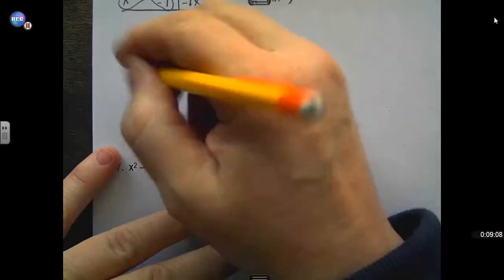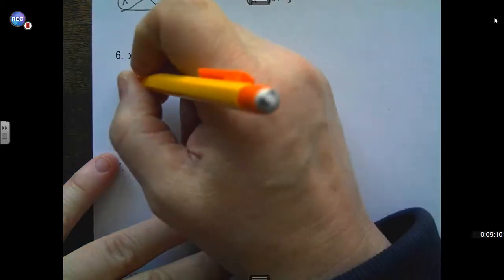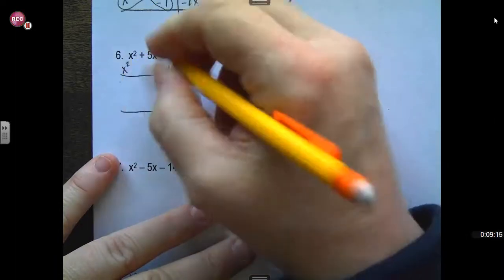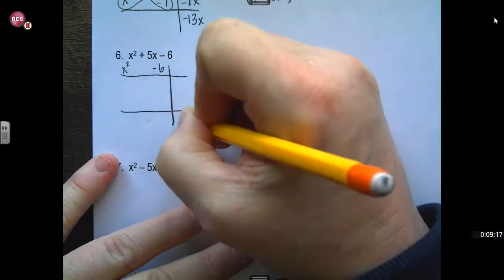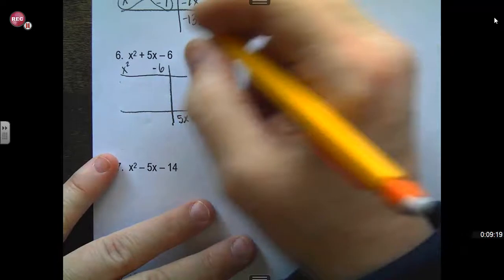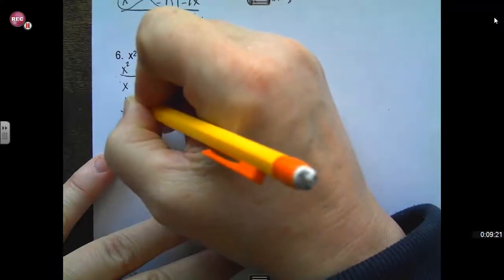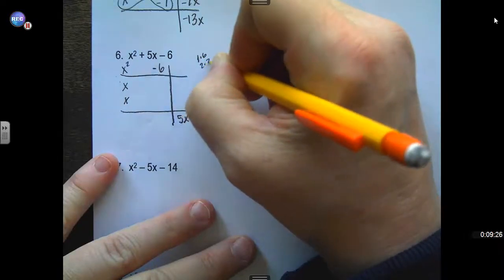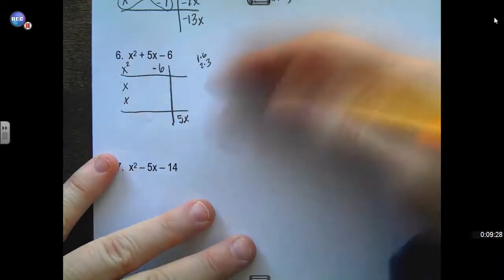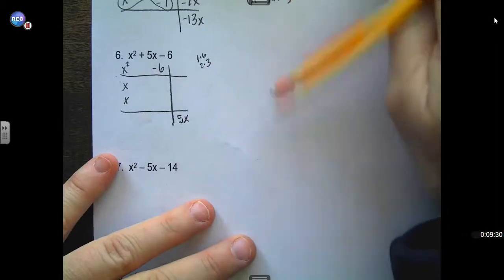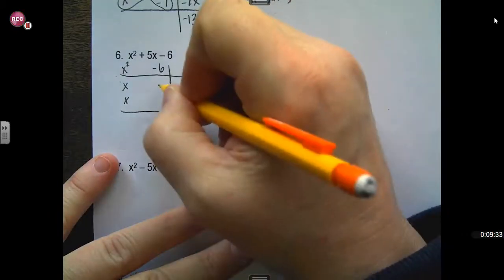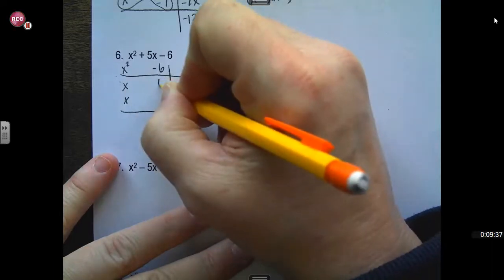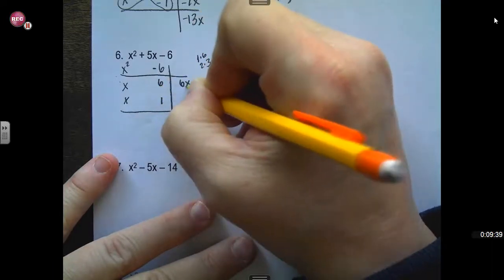This one now, the negative is on the constant, so that's going to make things a little bit different. X squared, negative 6 goes here, positive 5x down here. So let's see, x. Again, it's 1 and 6 or 2 and 3. I don't think it's going to be 2 and 3, just because to be 2 and 3, they would both have to be positive, and that's not going to work. So I try 6 and 1. I multiply across.